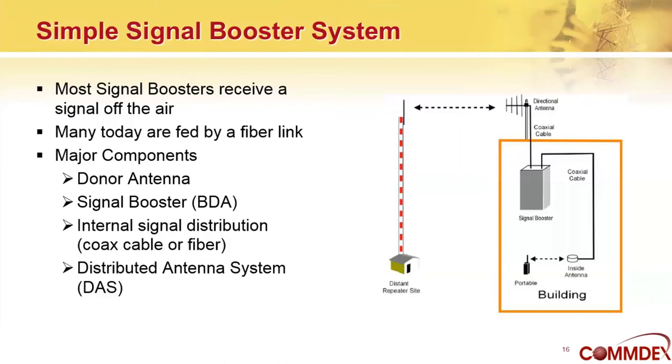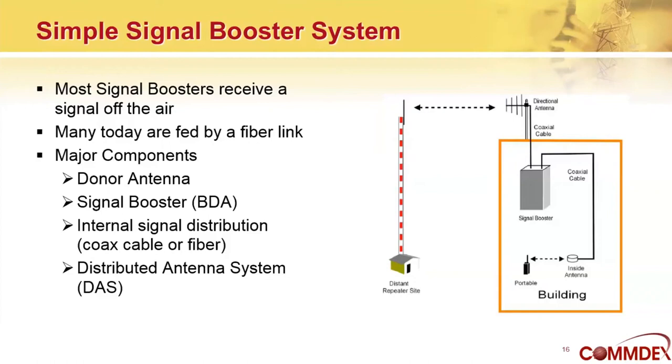Bring that signal into the building, send it into the signal booster amplifier, and then it will distribute it through the building. It may be initially through fiber optics or it may be through coaxial cable. Eventually it will turn into coaxial cable and feed antennas within the building.